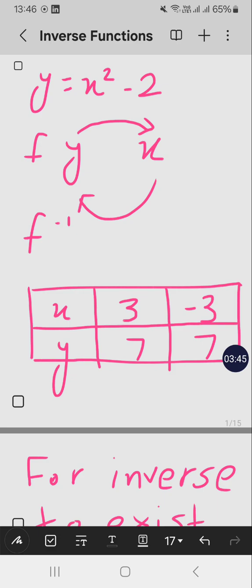The problem here is that the inputs were 2. There was an input which was 3, and there was another input which was minus 3. So when we put 7 into our inverse function, we are not sure whether it should generate 3 or minus 3.